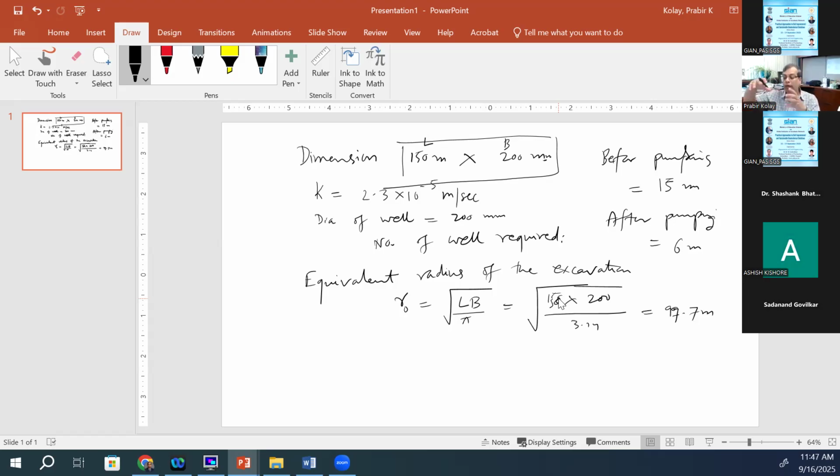So that is the equivalent radius. Now the radius of influence, I already mentioned in the PowerPoint slides.